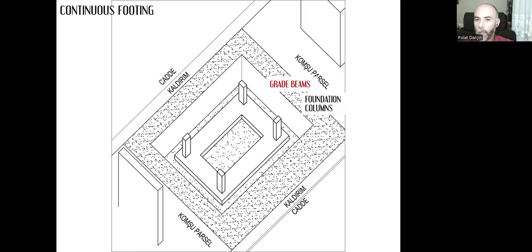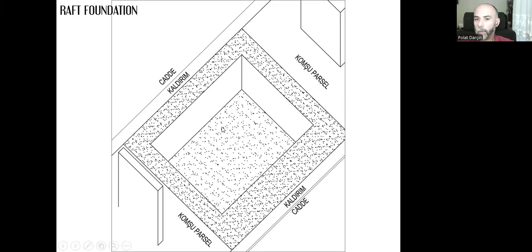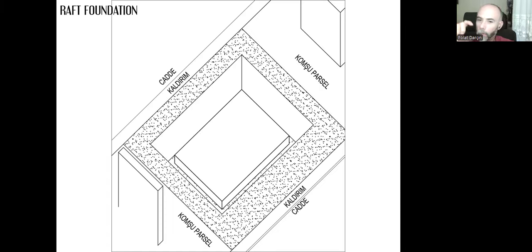What's the difference? Here we still have a footing. It's continuous, it's big, but it's still a footing, and the height is not enough, and there is this gap in between. Instead of that footing, what if we excavate the ground a little deeper, and we create a very thick floor slab.